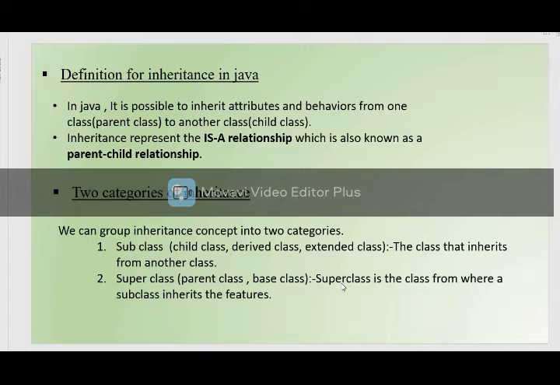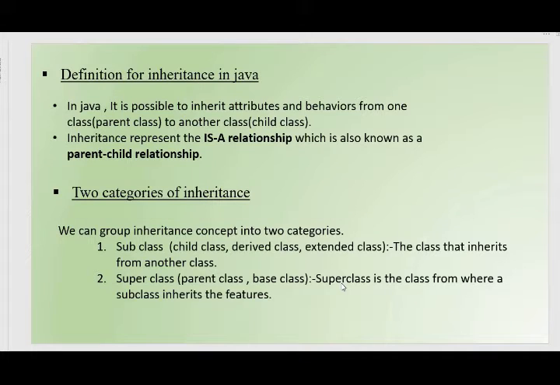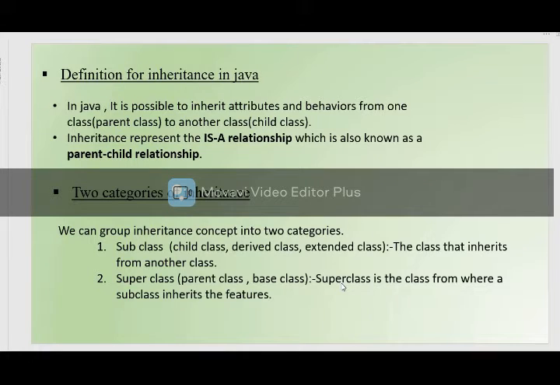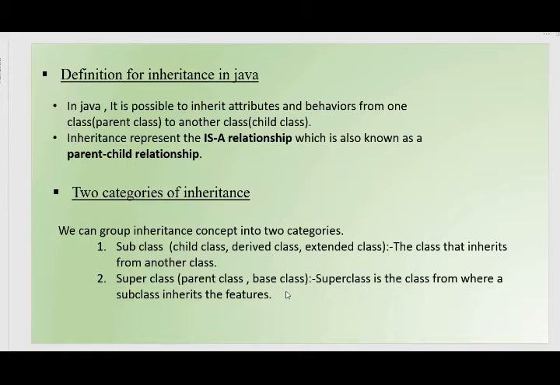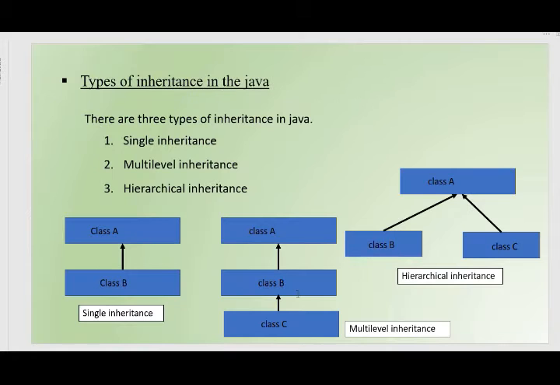Superclass: we can call it the parent class or base class. The superclass is the class from which a subclass inherits the features. The superclass gives behaviors and attributes to the subclass. That class we call the superclass. These are the two categories of inheritance.